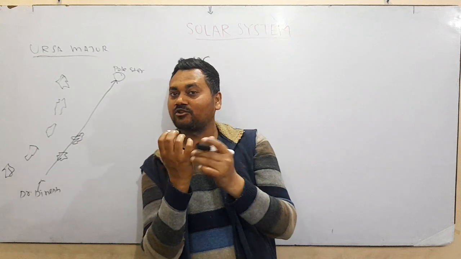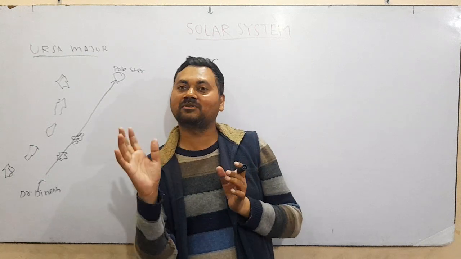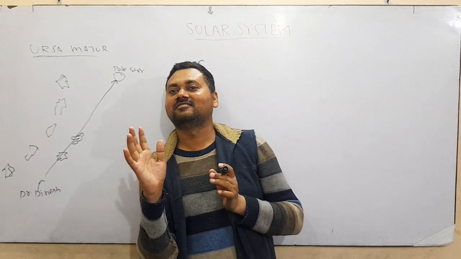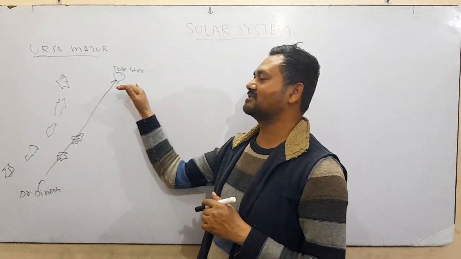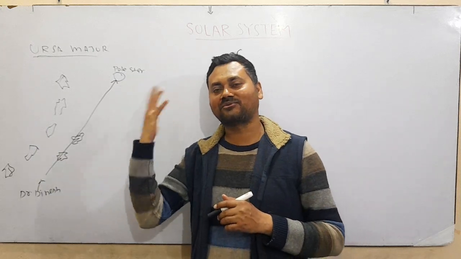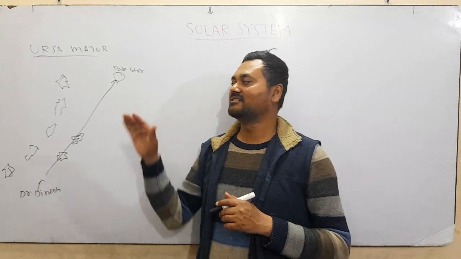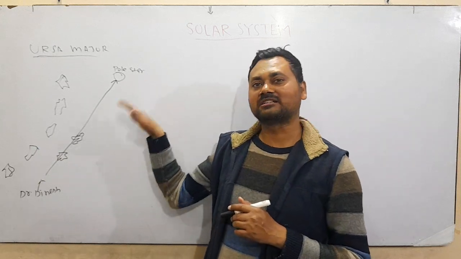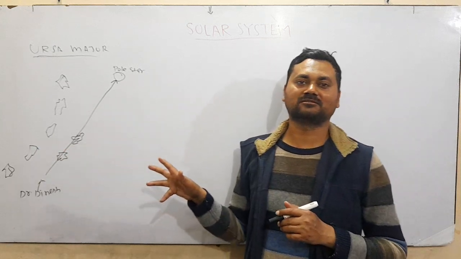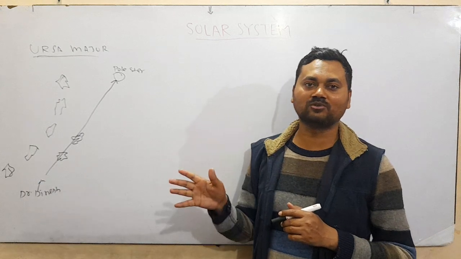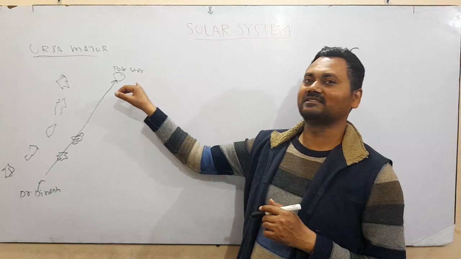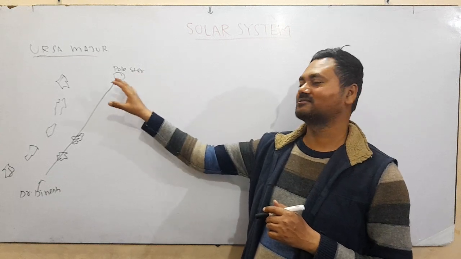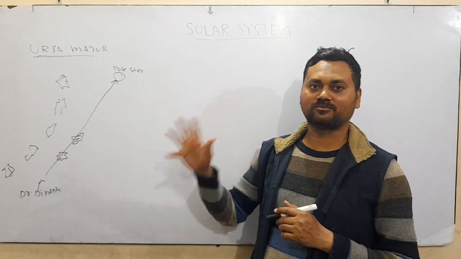If anything is located on the equator, that will certainly change. So no matter how fast the earth is rotating, this pole star will remain in its original position. No matter from where you are looking, in which country you go, you will see the pole star always in one particular position.